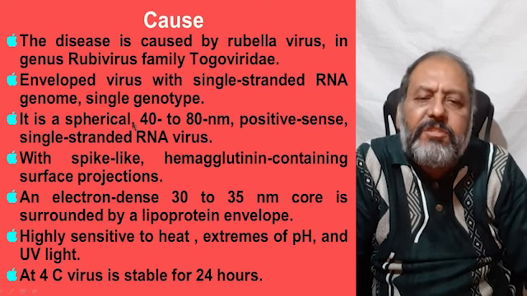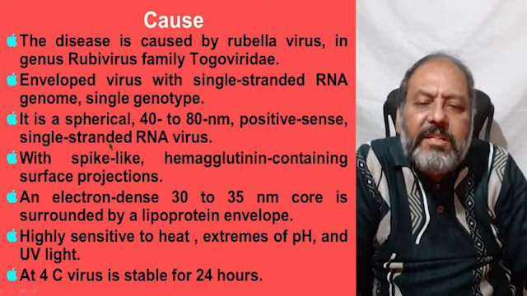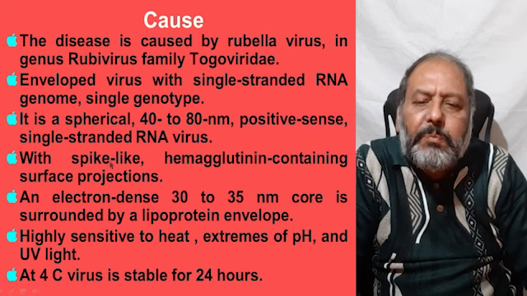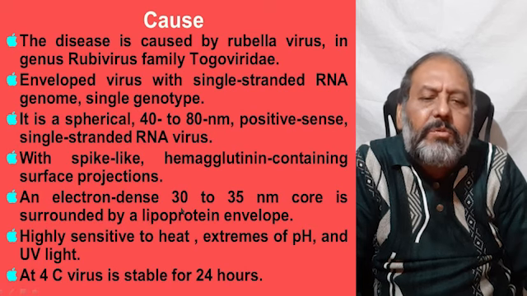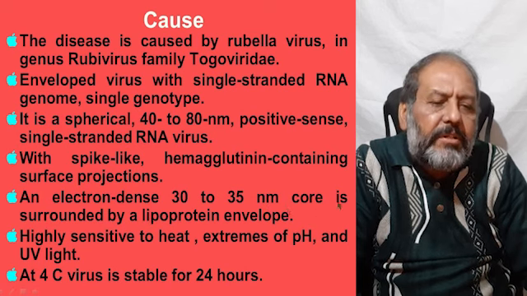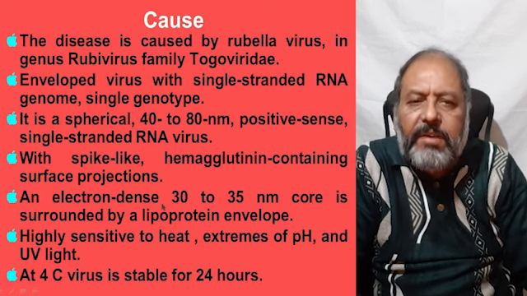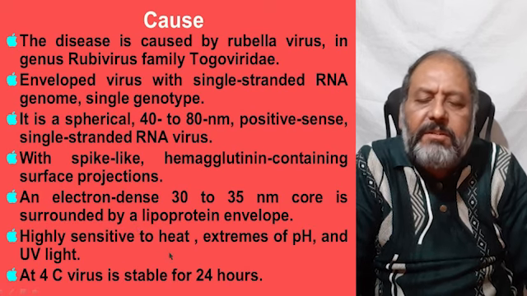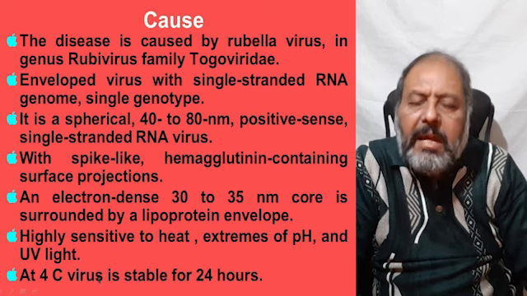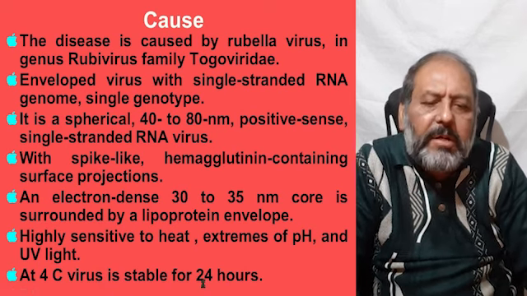It is spherical in shape, 40 to 80 nanometers in size, a positive-sense single-stranded RNA virus with spike-like hemagglutinin-containing surface projections, and an electron-dense 30 to 35 nanometer core surrounded by a lipoprotein envelope. Because it is an enveloped virus, it is highly sensitive to heat, extremes of pH and ultraviolet light. At 4 degrees centigrade, the virus is stable for 24 hours.